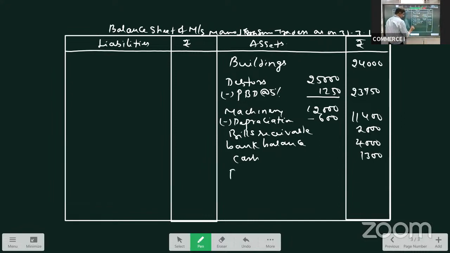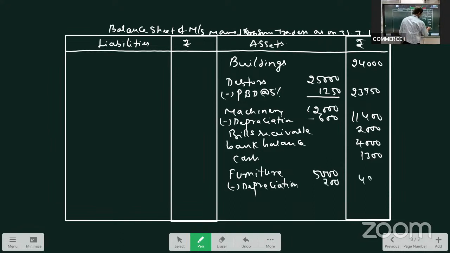Then furniture. Furniture is given as 5,000, but there is depreciation on this. So let us deduct depreciation. What is the amount of depreciation? 200. So 4,800. Okay. So we have taken all the items of the balance sheet from the trial balance.